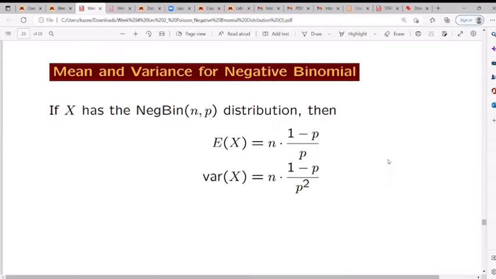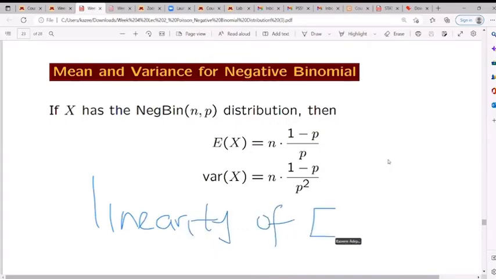But let me tell you, if you know the mean and variance of the geometric distribution, we can use the law of linearity of expectation to figure out the mean and variance of a negative binomial distribution.